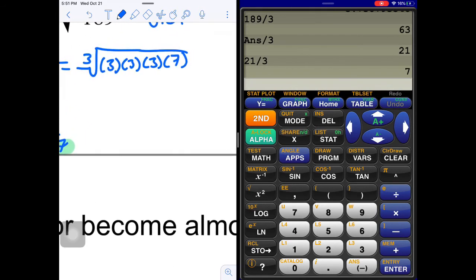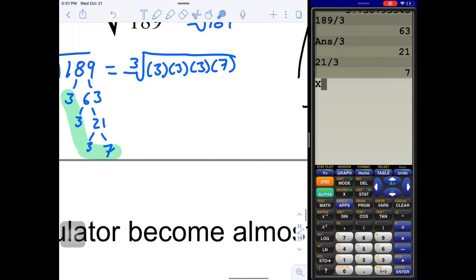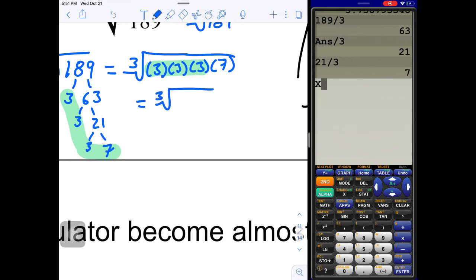Okay. And now remember, in order to make this into a mixed radical, I need to group in terms of what the index is. So my index is 3, so I have to group in terms of 3. So there's 3 3s, and I only have a single 7, so I'm going to leave that 7 alone. So this will be cube root of 3 cubed times 7.